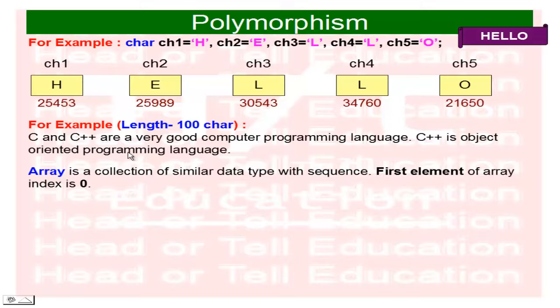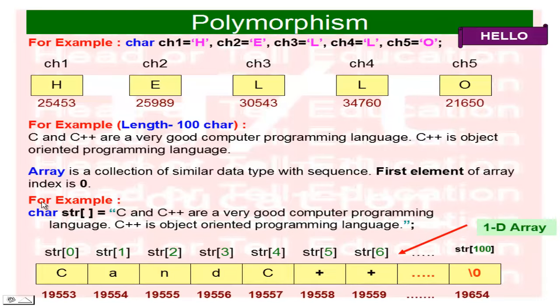So we can store the full string in an array with a single name. Here we have an example. The single name of this string is str, and I store the full string in this array.